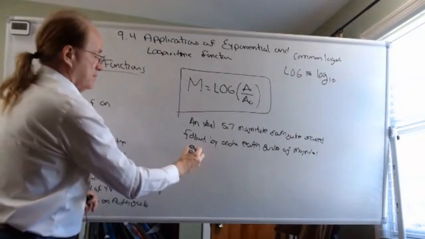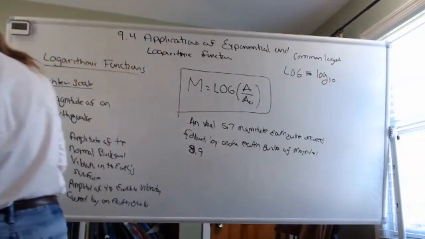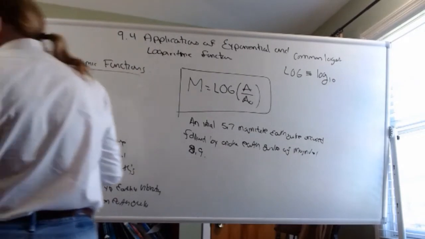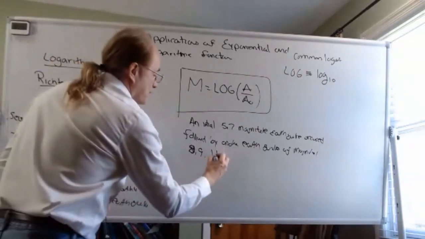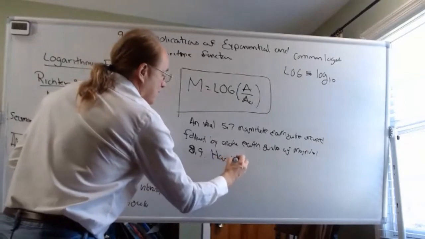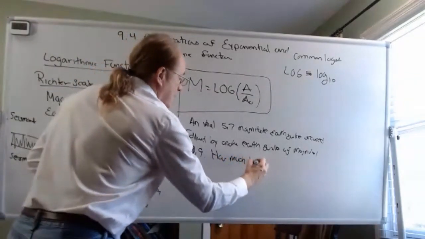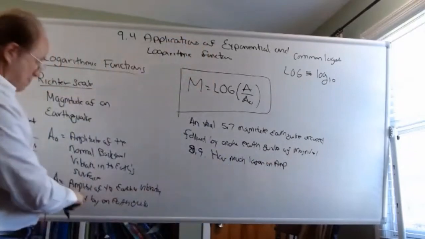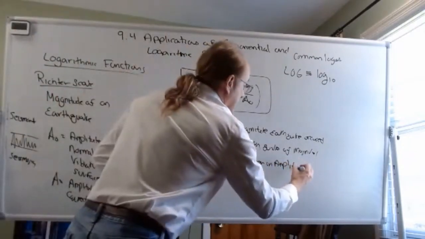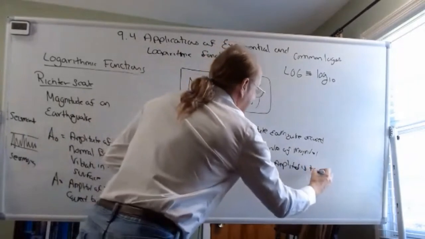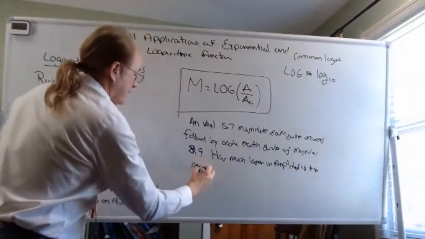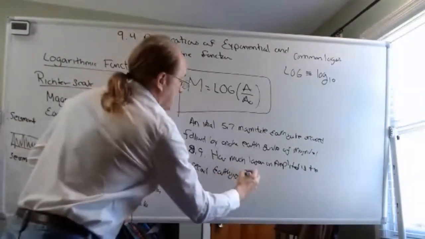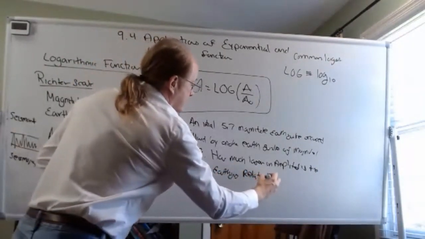That's the assumption. The question we have is, how much larger in terms of the amplitude is the second relative to the first? So here's the real question: how much larger in amplitude A, this capital A, is the second earthquake relative to the first?